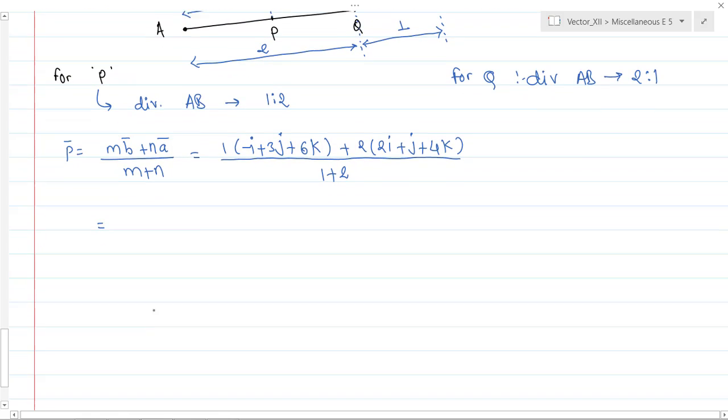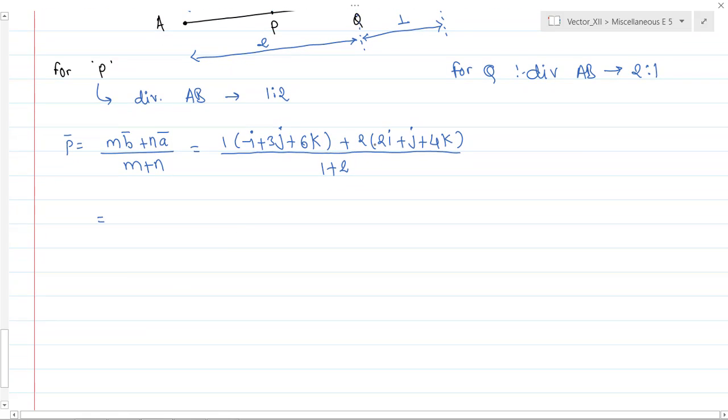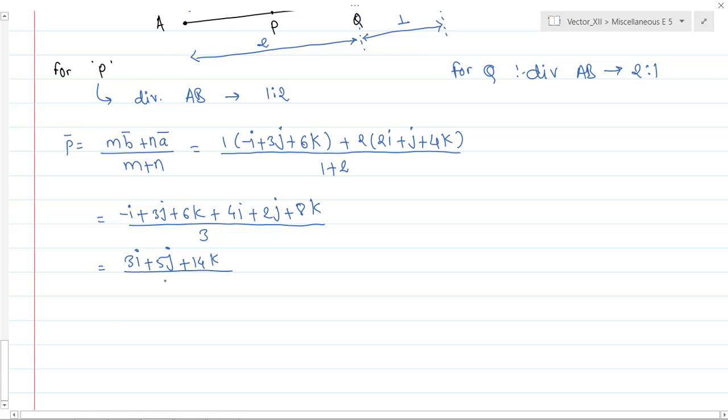Now let's open the bracket: minus i plus 3j plus 6k plus 4i plus 2j plus 8k, whole divided by 3. This is equal to 3i plus 5j plus 14k, whole divided by 3. So this is P bar.